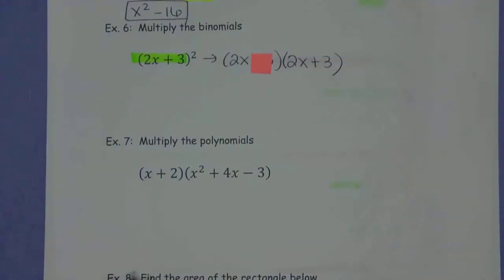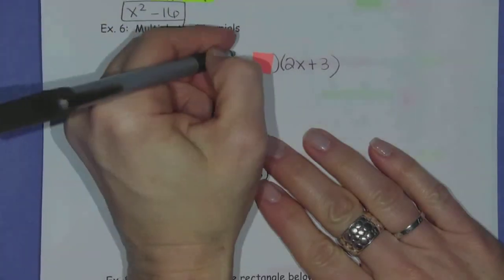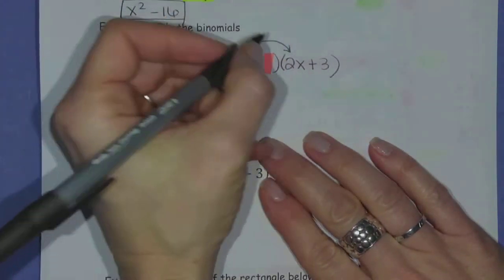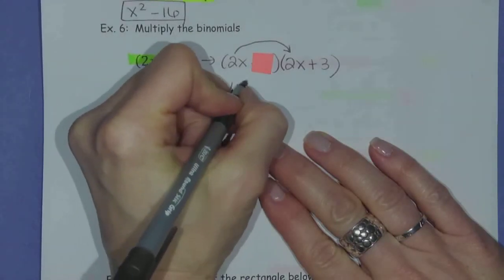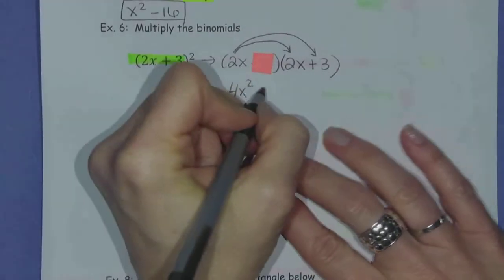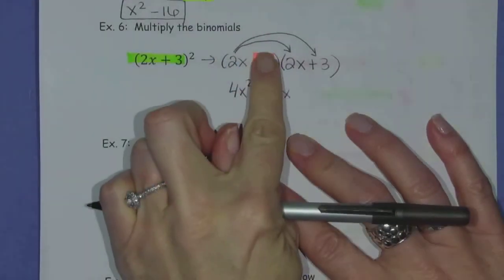So here we go. Lay that there. So we're taking a 2x times a 2x. Boom. 2x times another 2x is 4x to the second power. 2x times 3 is 6x. Slide this over.